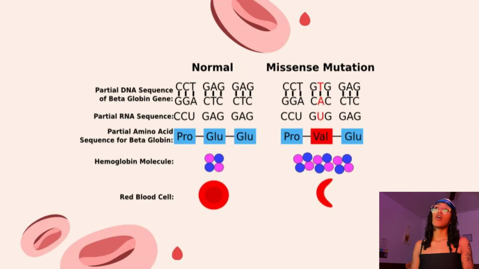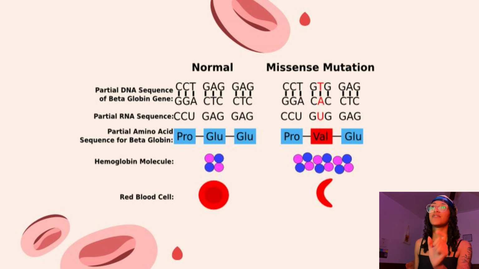But the mutation that causes all this is a non-conservative missense, which changes one amino acid to another. Remember that I told you that it changes one nucleotide that codes for the amino acid? Yes. So the glutamic acid is replaced by valine.